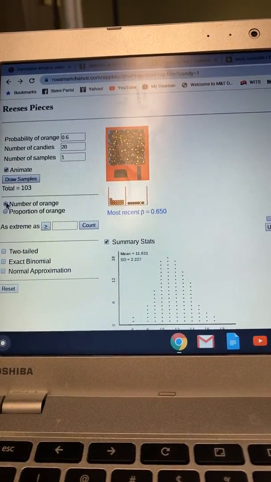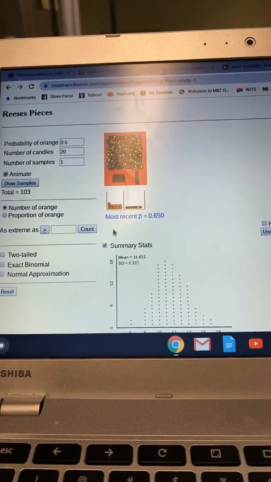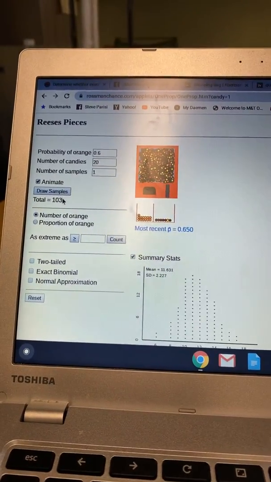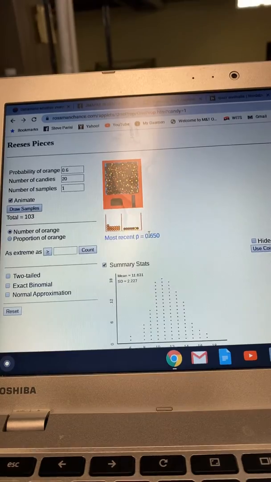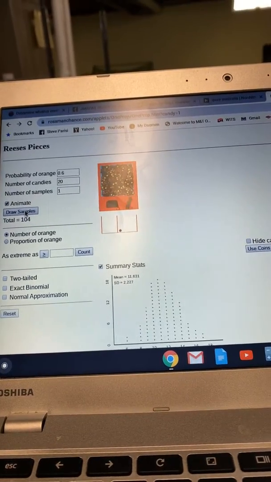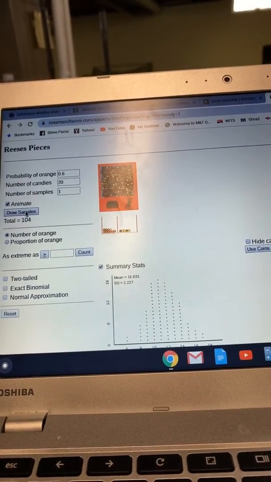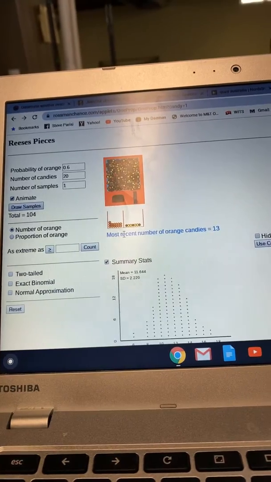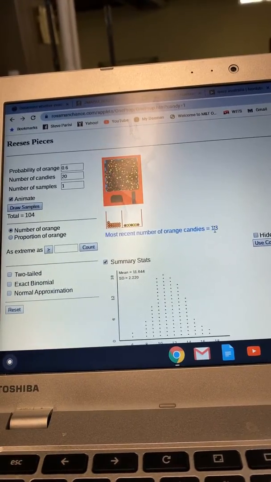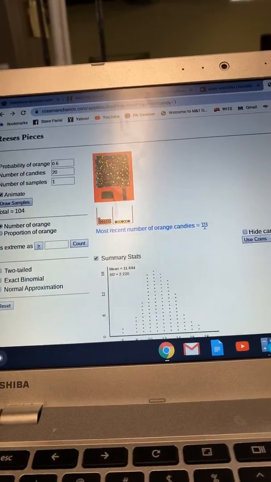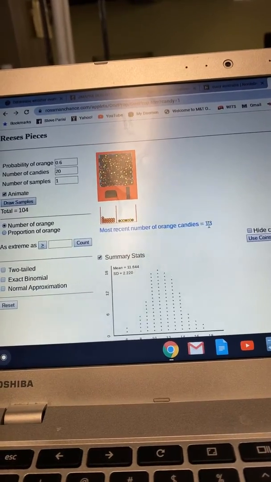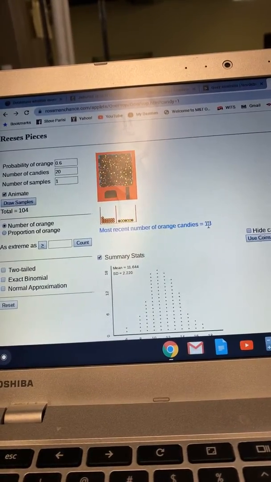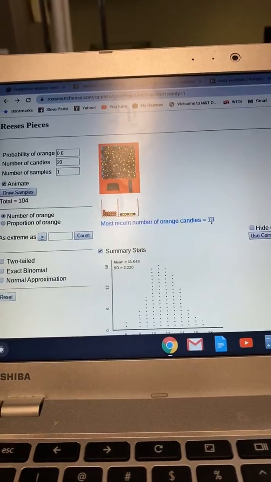It's not giving me the number of orange. Let me do this again. Okay, so it found 13 were orange, but I took 20 pieces out of there.